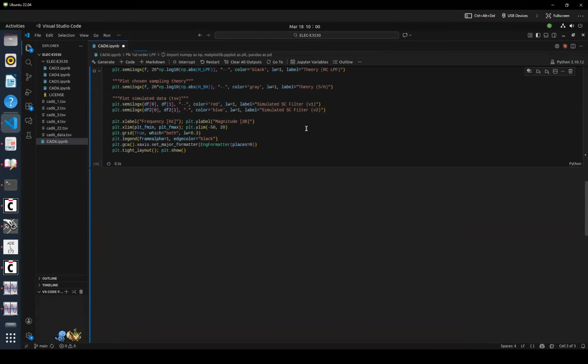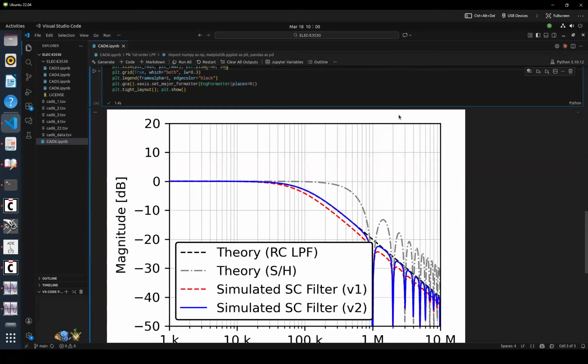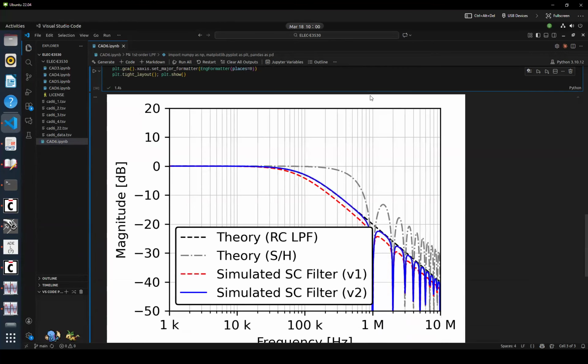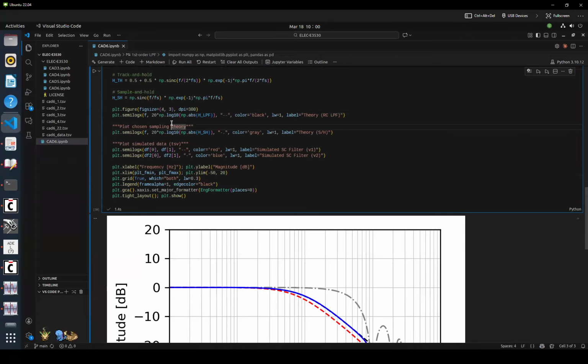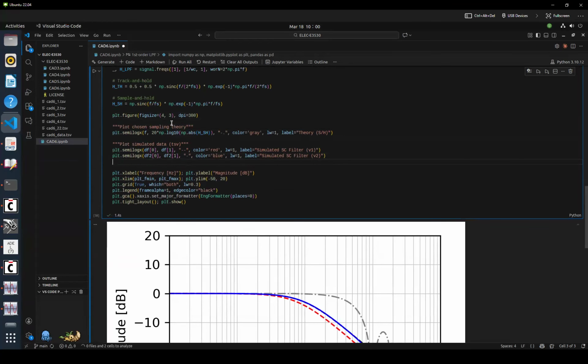Okay, then you can see that the dotted line here is the RC low pass filter, and version 2 aligns and follows quite well to the theory of the RC low pass filter, right? For easier plotting, we can move this plot to later.